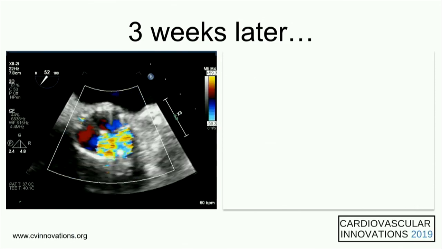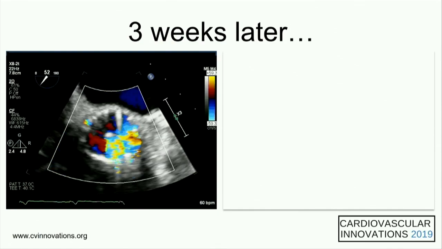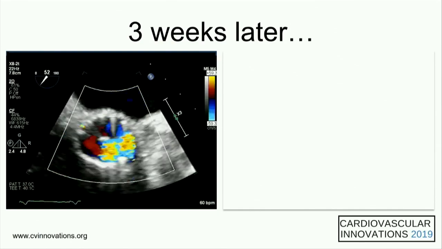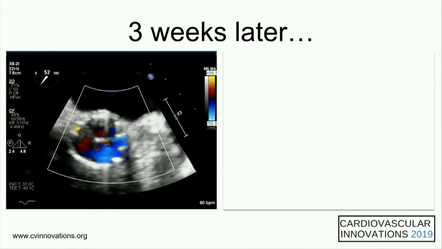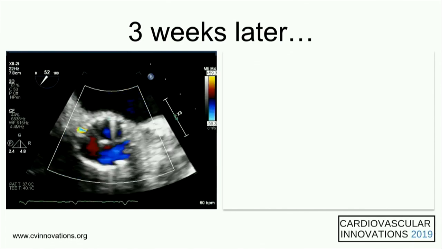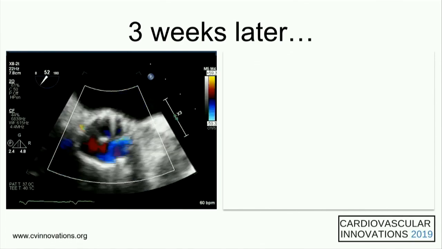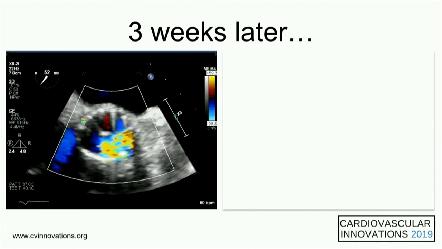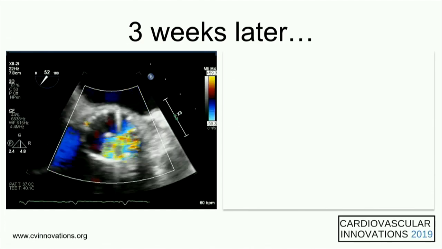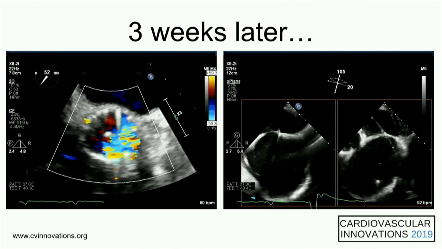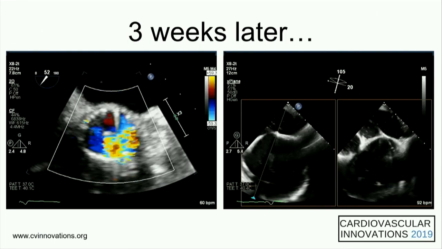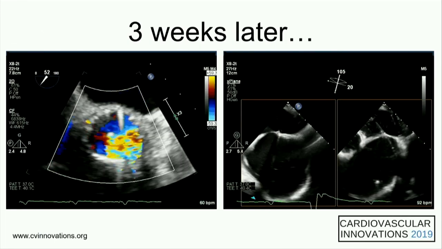So to cross the valve at this point, we were afraid that by doing the traditional antegrade method, we would dislodge the valve. So we decided not to go antegrade, but to go retrograde to reduce the risk of further valve dislodgement. So we did a transseptal puncture, which is fairly uncomplicated.